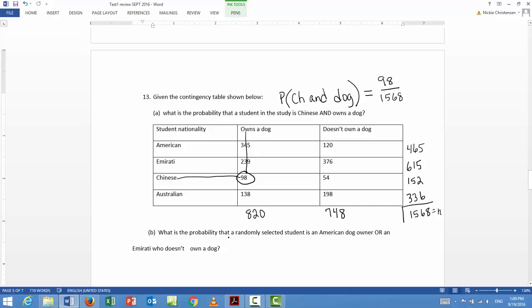Now the answer for B: what's the probability a randomly selected student is an American dog owner or an Emirati who doesn't own a dog? So what this is asking for is the probability of American and dog owner, or Emirati and no dog.